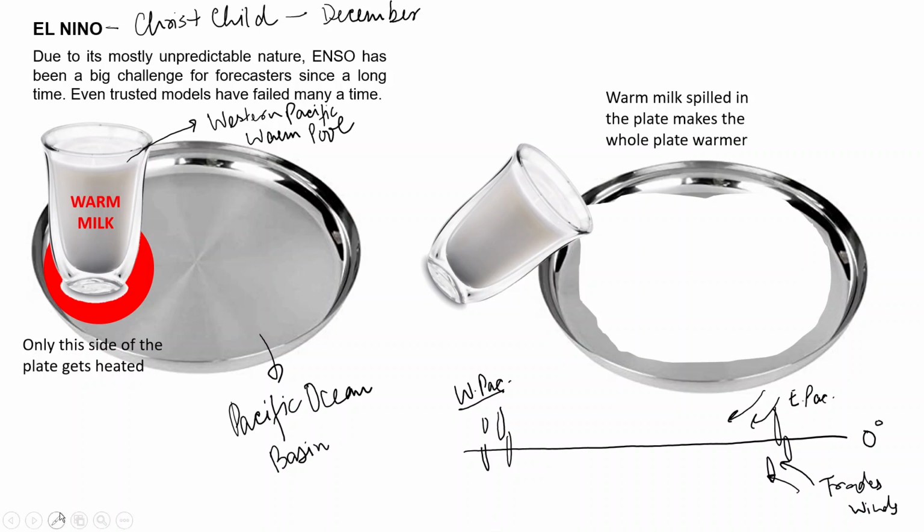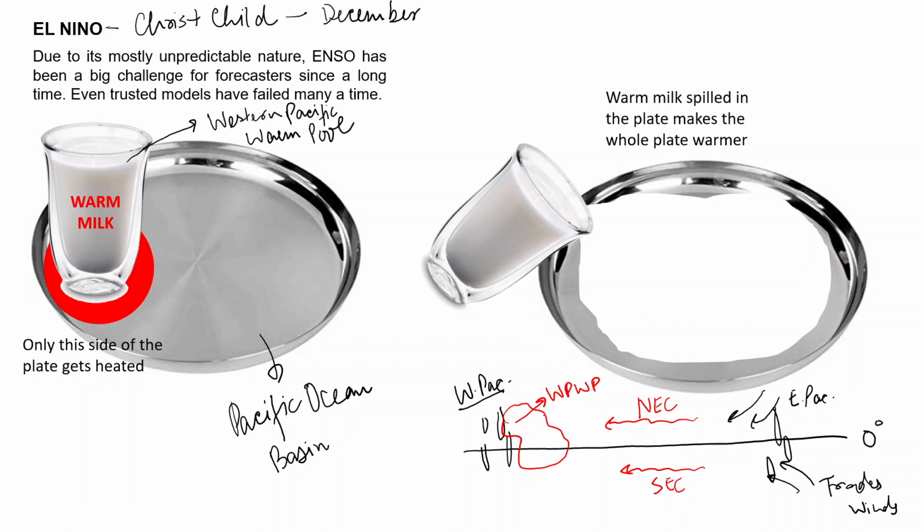These trade winds will bring the warm water of the equatorial Pacific region with the help of north equatorial current and south equatorial current, and it will pile up over here in the Western Pacific region. This is called the Western Pacific Warm Pool. So this glass of milk represents the Western Pacific Warm Pool.